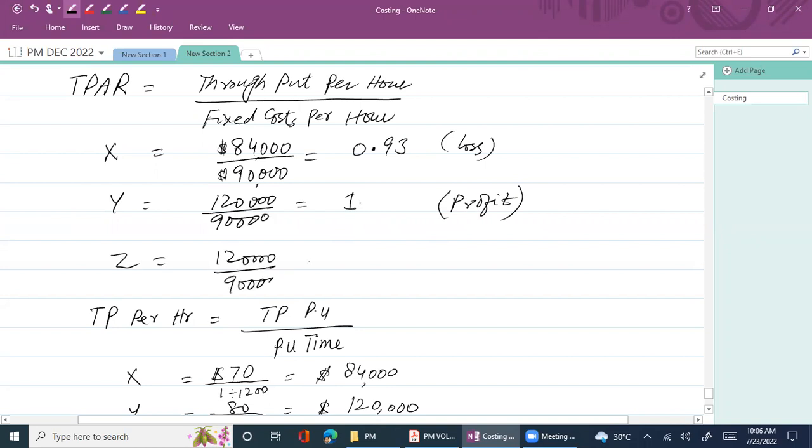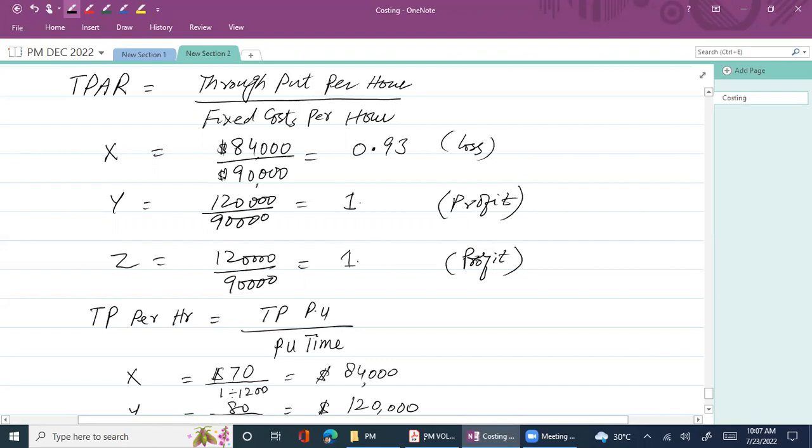And for Z, this is also the same. What is the answer?